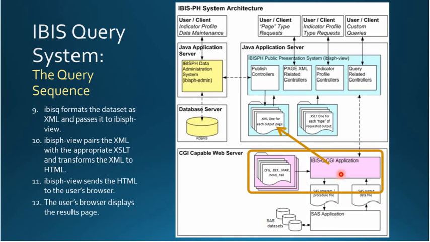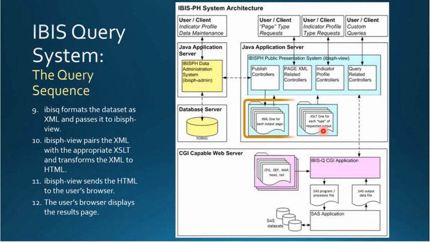Now the IBIS-Q application takes that rectangular data set and formats it as XML. XML is just a special form of HTML. HTML has a limited number of instructions or tags that it can use. With XML, we can program special tags and instructions that can be read by these XSLT files to create the standard HTML.